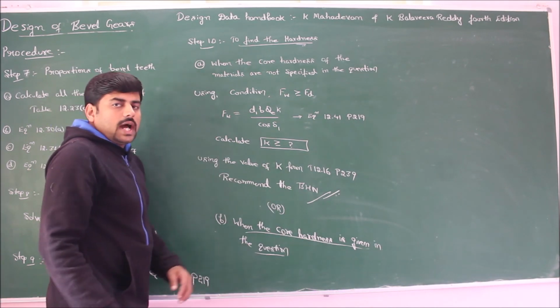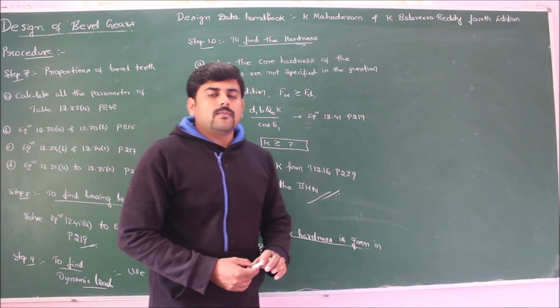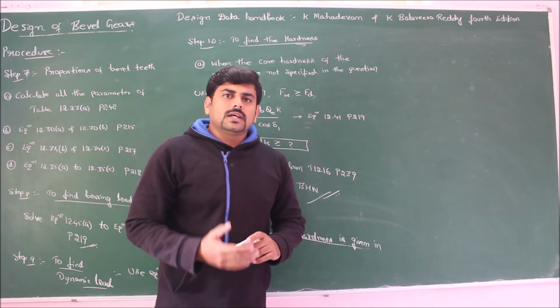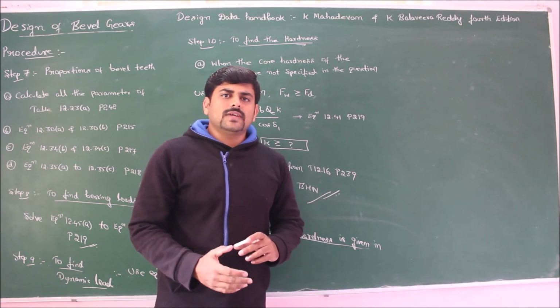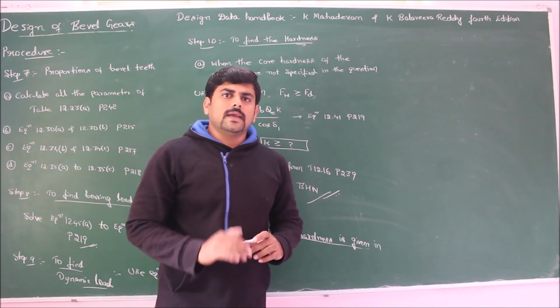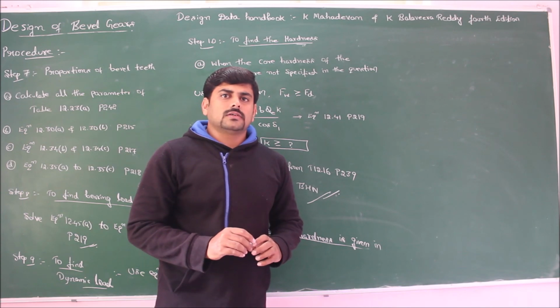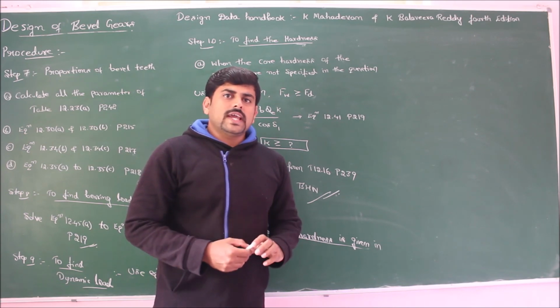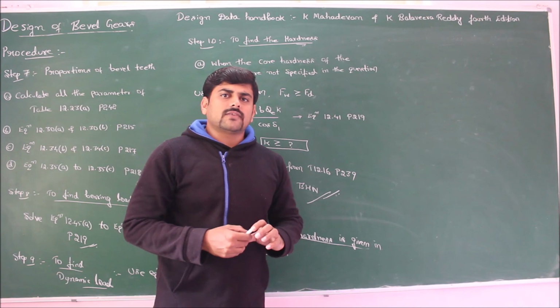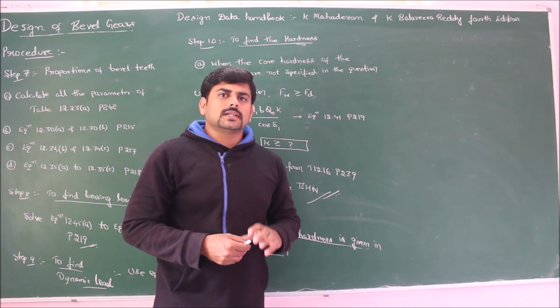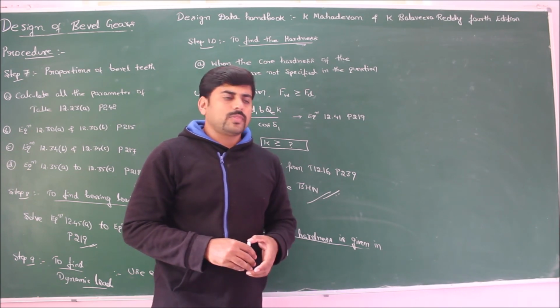If the core hardness is specified in the question, then we should verify whether the core hardness itself is enough to withstand the given working condition. If it fails, then we should find out the surface hardness required to withstand the given working condition.